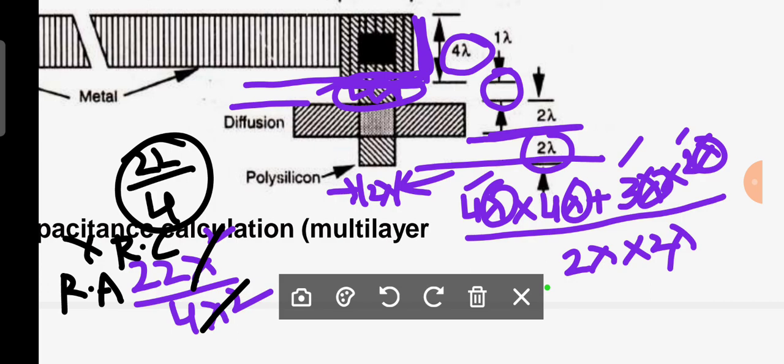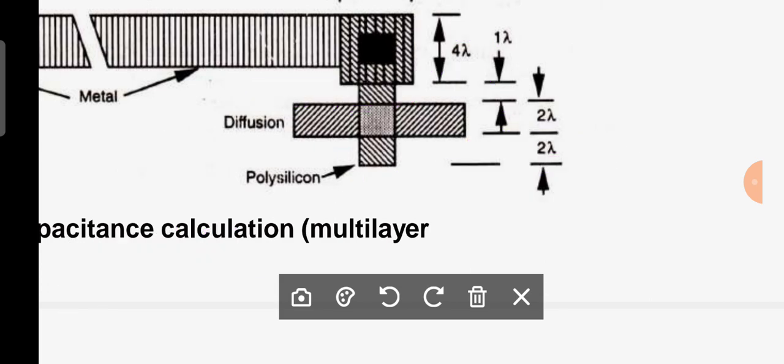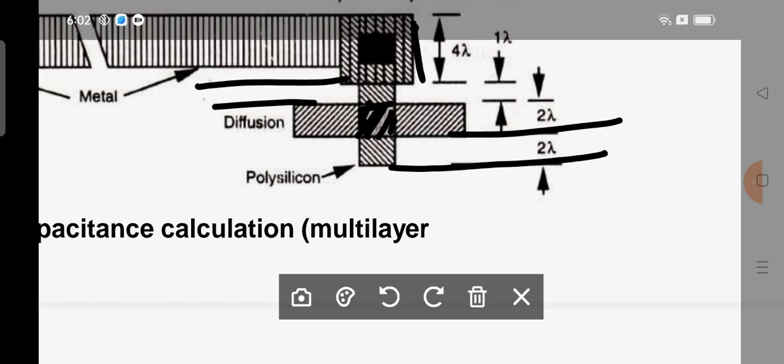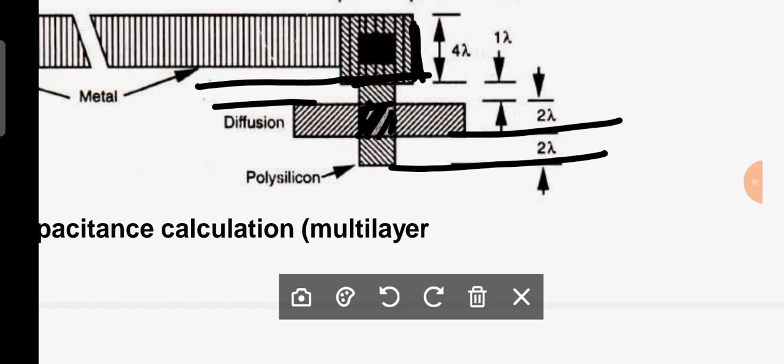Now, once again I am telling that the polysilicon relative area calculation, you can observe very carefully. Okay, you should not consider the channel here. Then you can observe this area and this area, and you are having this one length and this one width. Therefore, there are two types of consideration.